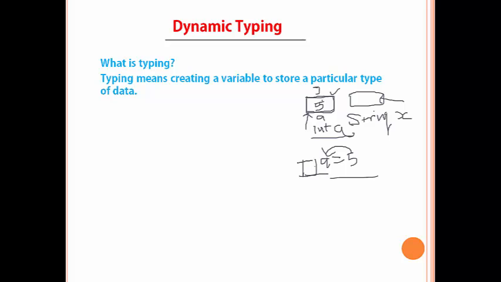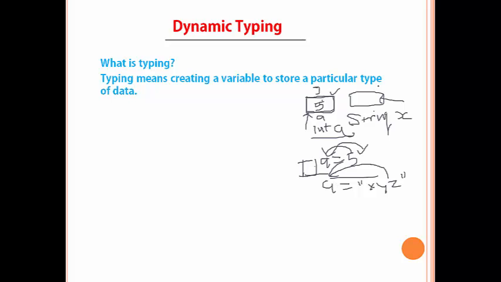By seeing the data, it will automatically store it. Next time you write a is equal to, let's say, xyz, which is a string, even this time it won't complain. It will store xyz.